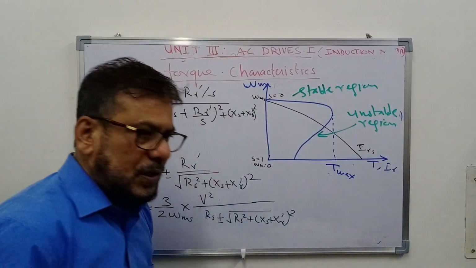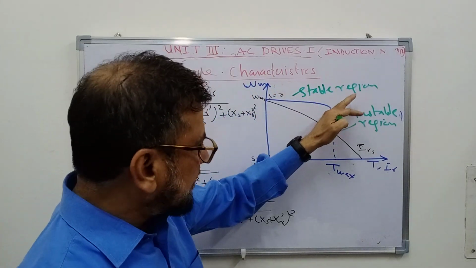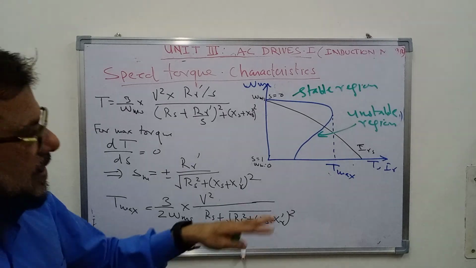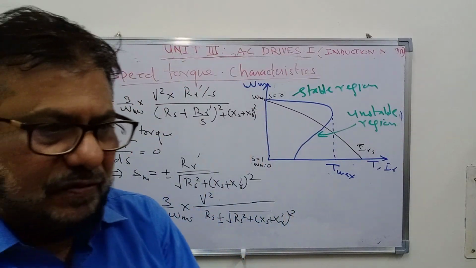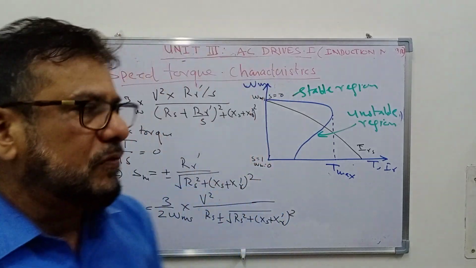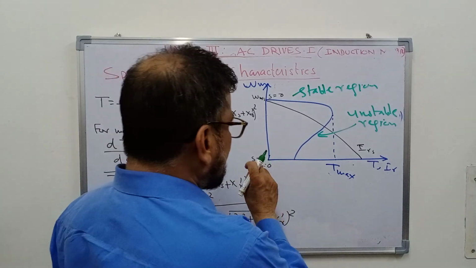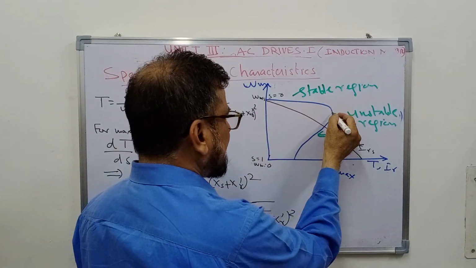The motor will operate stably in this region and unstably in this region in most cases, but in certain cases this region may also behave as a stable region, as we saw in unit number 1.